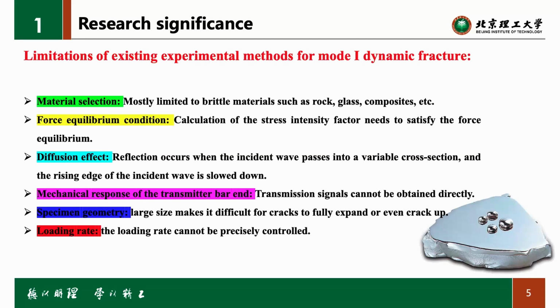But there are limitations in the existing experimental methods. The first is material selection, mostly limited to brittle materials. The second is that the calculation of the stress intensity factor needs to satisfy the force equilibrium equation, and the dispersion effect and the transmission signal cannot be obtained directly.